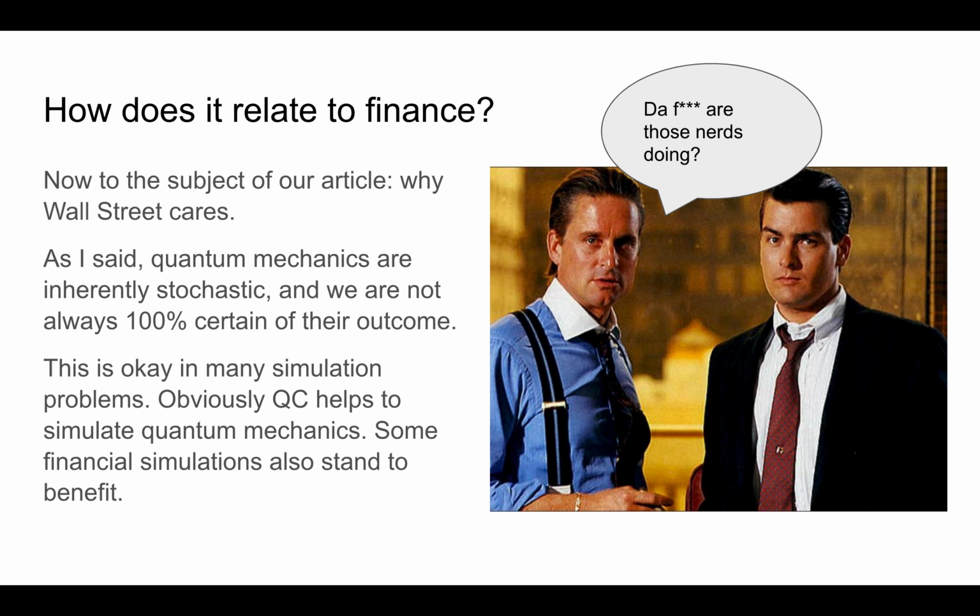But it's still okay to have just a confidence interval in many simulation problems. And so obviously, as we said, in material science and quantum mechanics, quantum computing can help simulate some of those natural events. But there are also some financial simulations that stand to benefit.